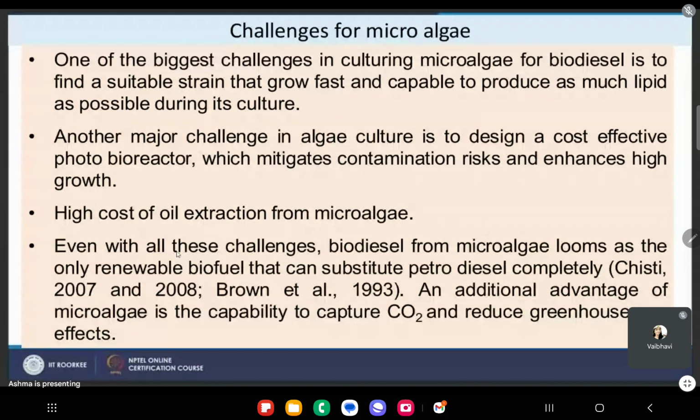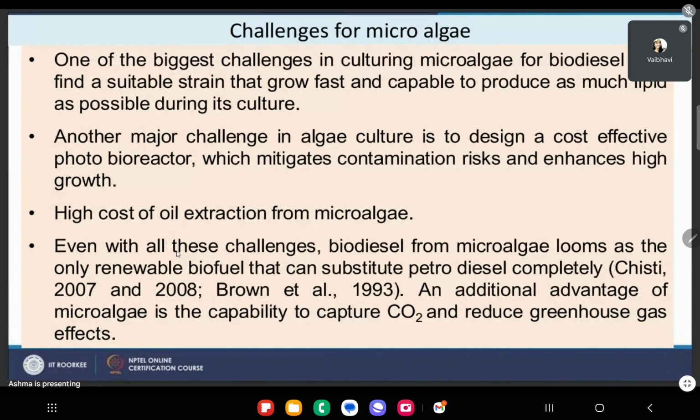Next, there is a large cost associated with the oil extraction from microalgae. Apart from these challenges, biodiesel from microalgae is the only renewable biofuel that can substitute petrodiesel completely, because the quality of biodiesel we get here is very high, and it can be used to substitute petrodiesel.